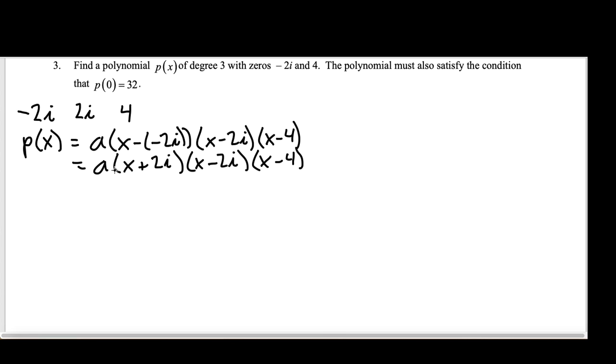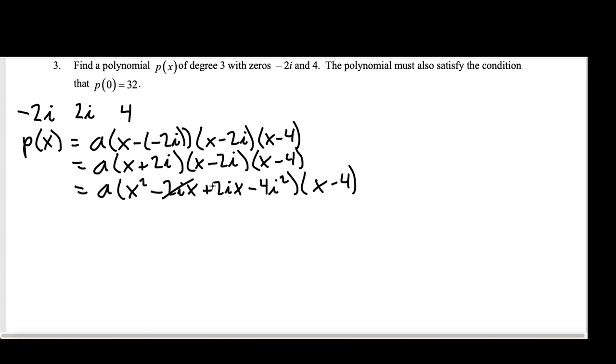Let's go ahead and multiply the two factors with complex zeros together: x squared minus 2ix plus 2ix minus 4i squared, times x minus 4.